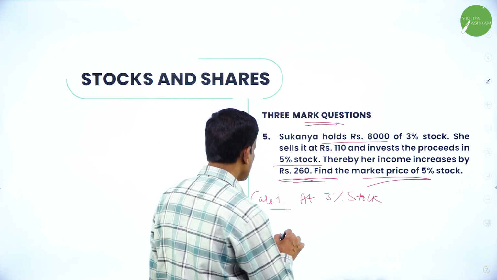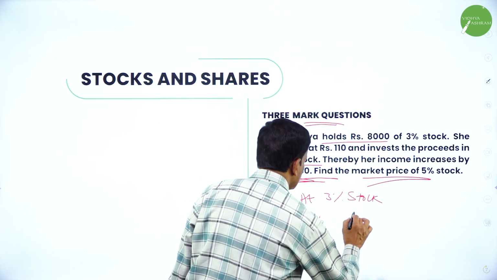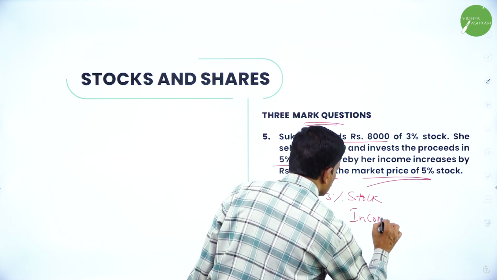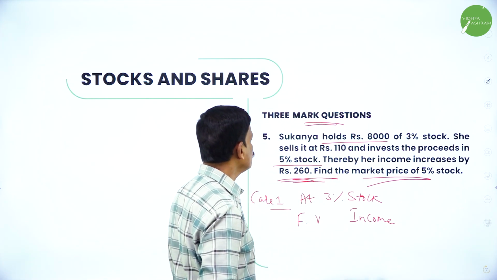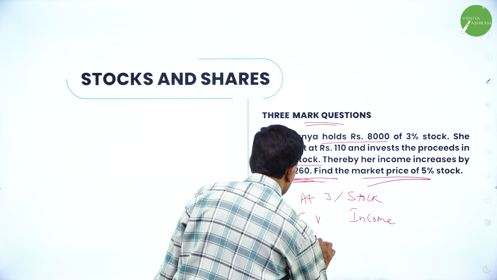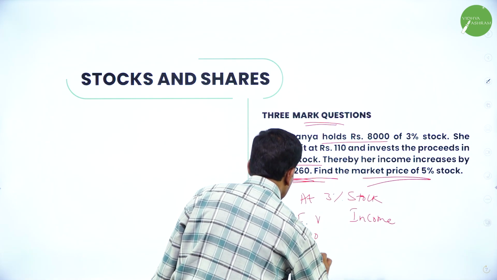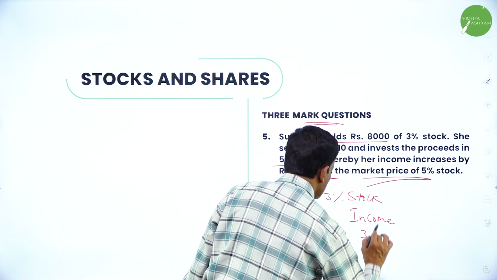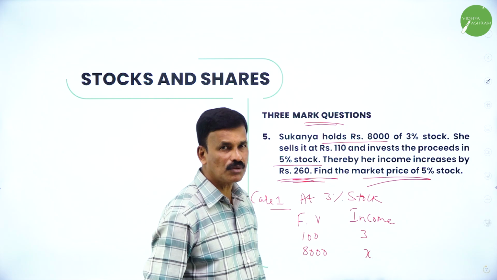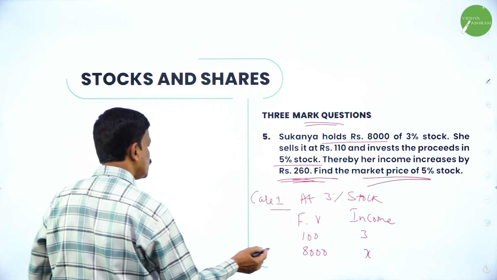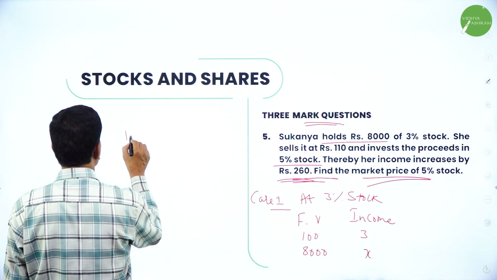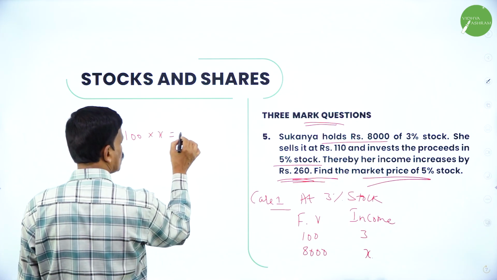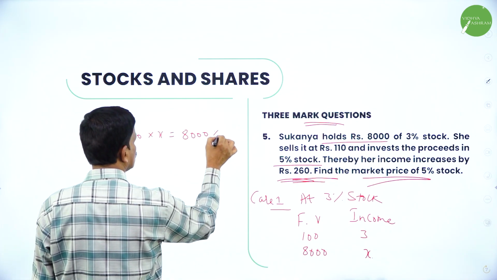So face value and the income as usual. Here face value is 100 and 8,000, the market value is 3 and the income is 3, and X is to be determined. Now find the income. So 100 into X is equal to 8,000 into 3.